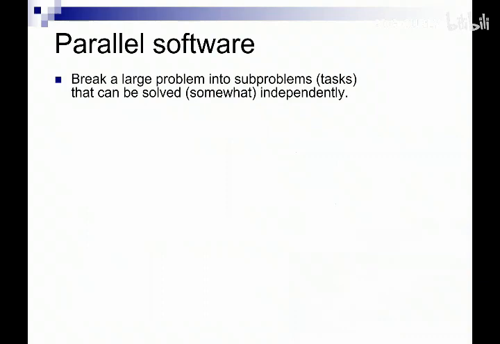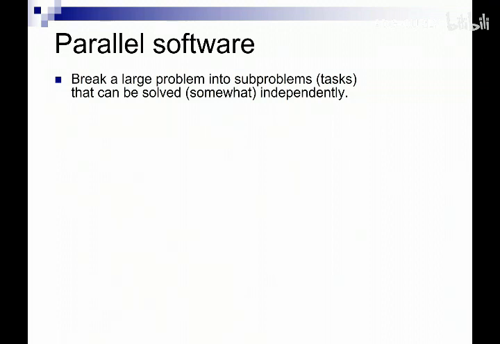Next, let's talk about some aspects of parallel software. Here we're thinking about how we can design a program which solves a problem in parallel. If we're trying to solve a large problem, since we're trying to use multiple processors, we need to break the large problem into small subproblems.